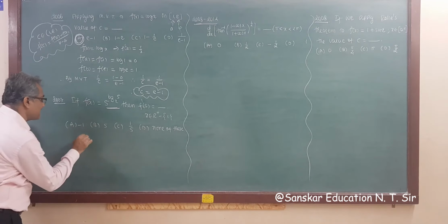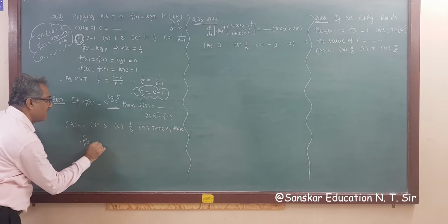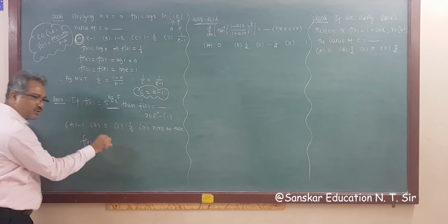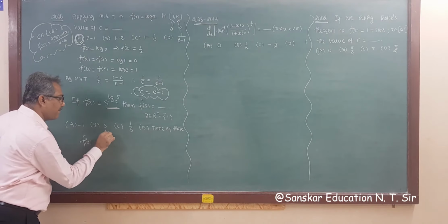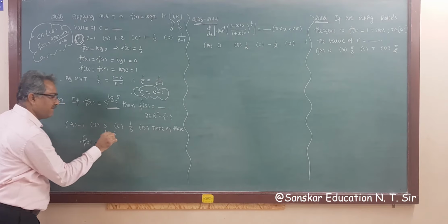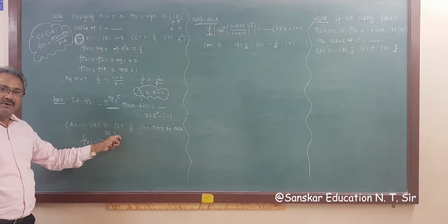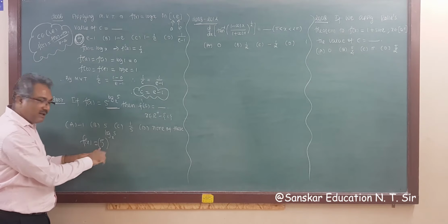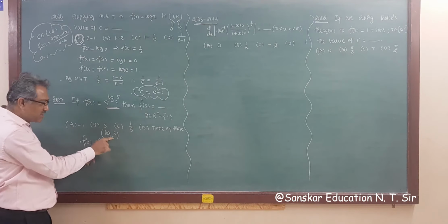So the function given is f(x) equal to 5 raised to log 5 base x. This is a constant raised to a variable, because x is here.